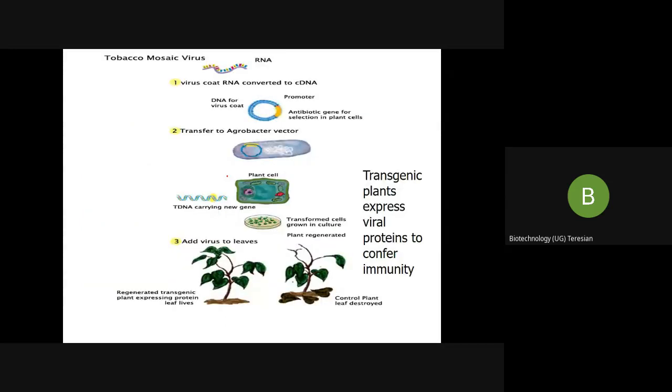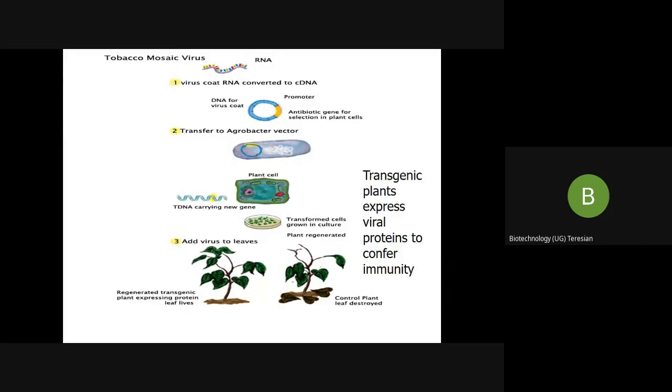Another technology is coat protein technology. So here what happens, we know this tobacco mosaic virus is infecting our tobacco plant. So what the scientists have done is they have taken the gene from the TMV. Okay, this is your tobacco mosaic virus and it is carrying the gene, RNA.